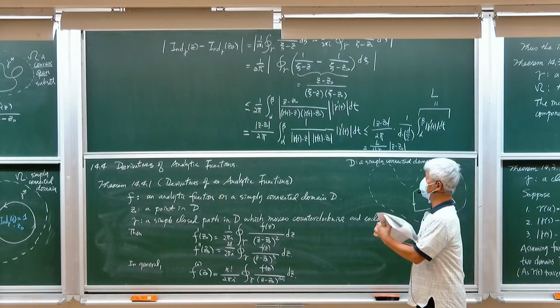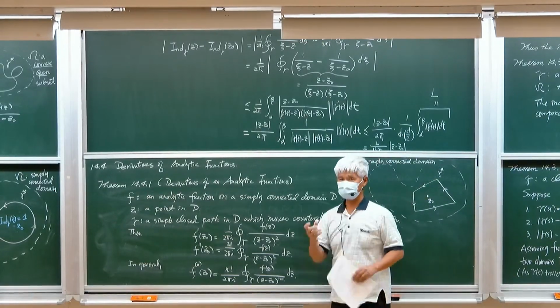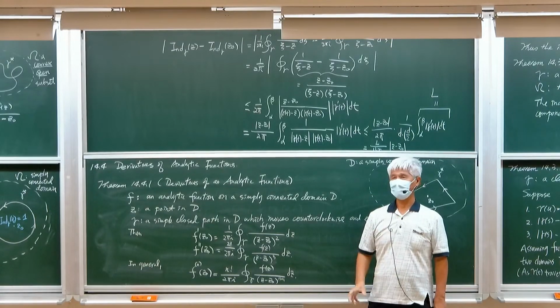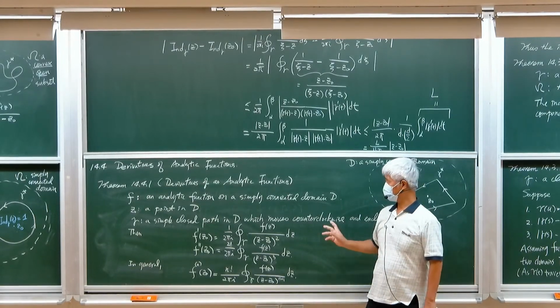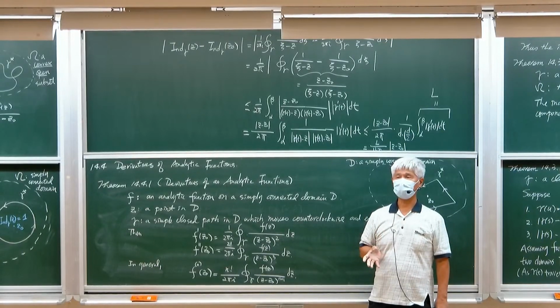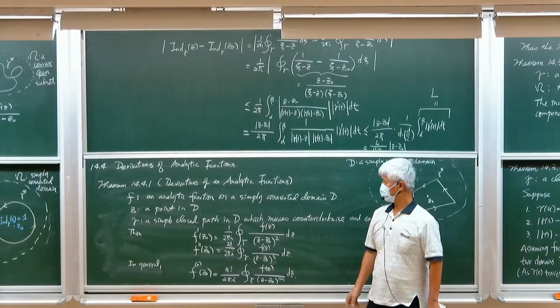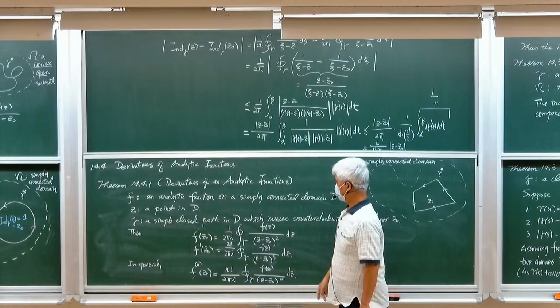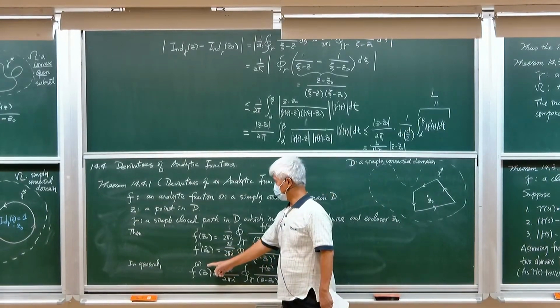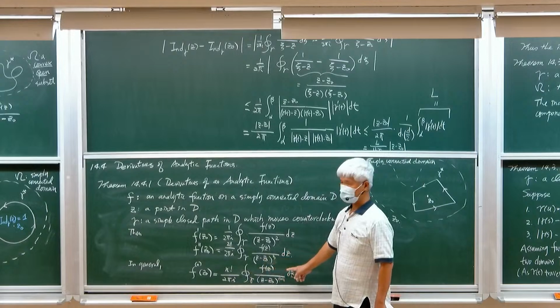Well, the proof is a little bit long, takes a little more than 2 pages, but I have given you an elementary proof, so it's not hard to understand. But the main thing is that we can express the nth derivative by a line integral.